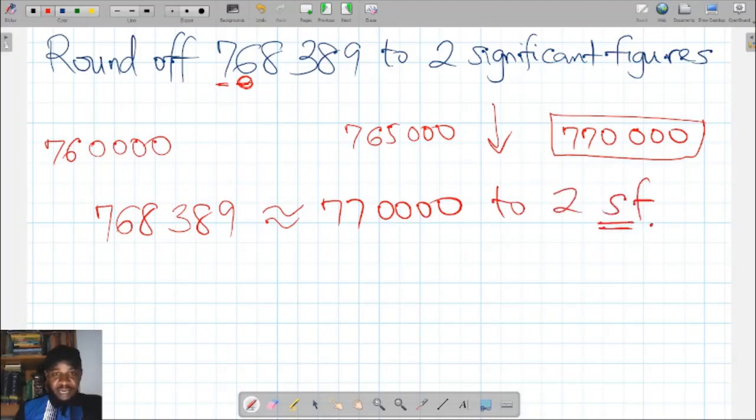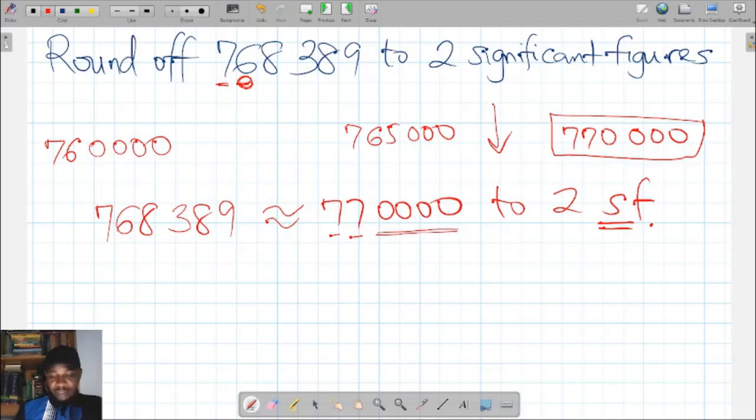In your final answer, you must have only 2 significant figures. And as you can see, we have 2 significant figures in the answer, 7 and 7. These other zeros must be there because if they are not there, the value of that 7 now goes away from 770,000 and becomes just 77. So we must put them.